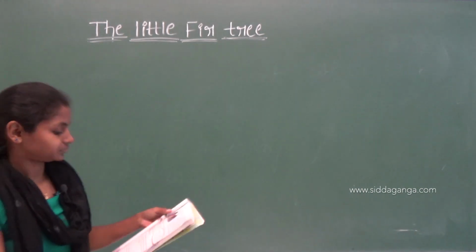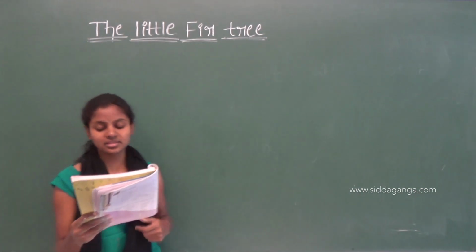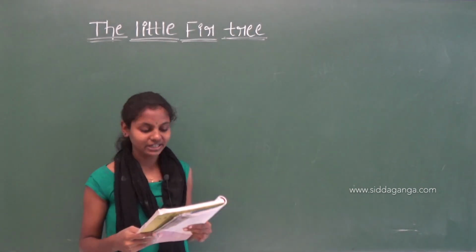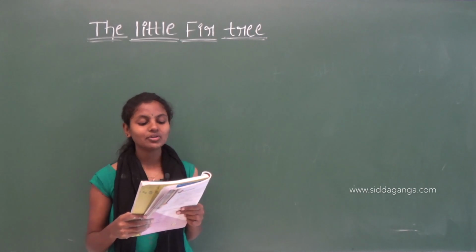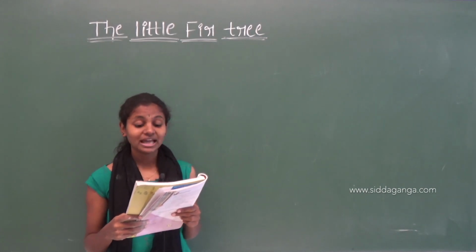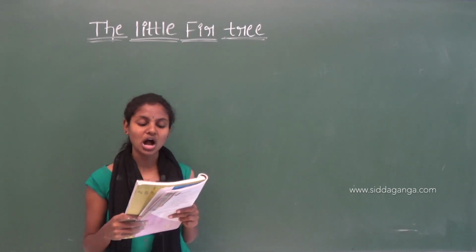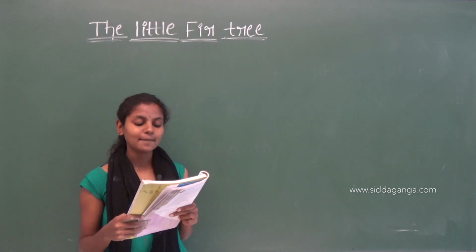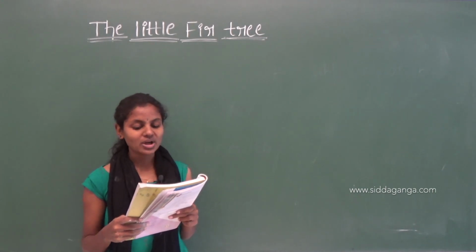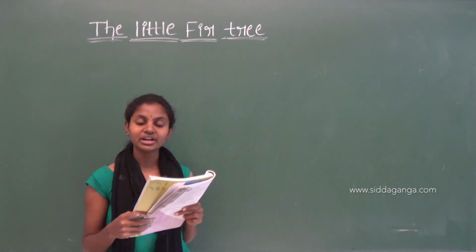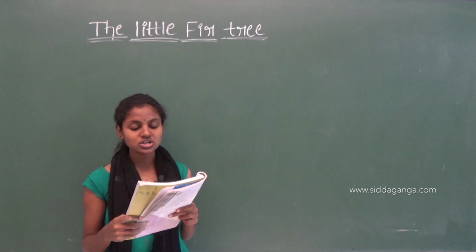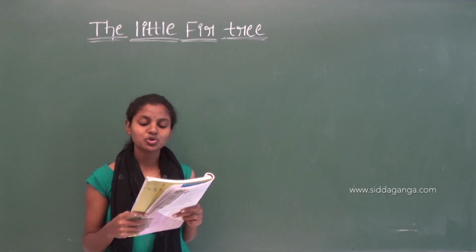Next go to the third exercise, that is on page number 29. Third one is: Rita loved her dog Sheru. Every day Sheru would go out of the house and come back himself, but one day he did not come home. Rita looked everywhere for him. Tears rolled down her cheeks. Sheru was lost.